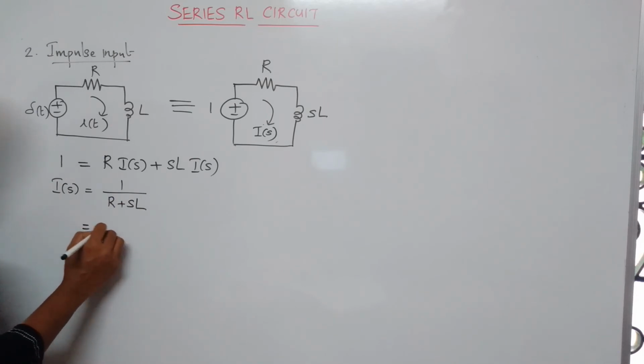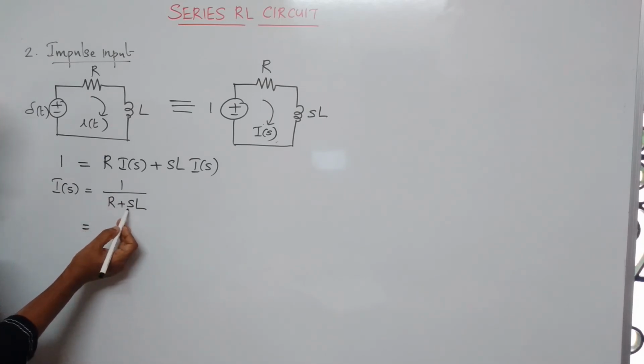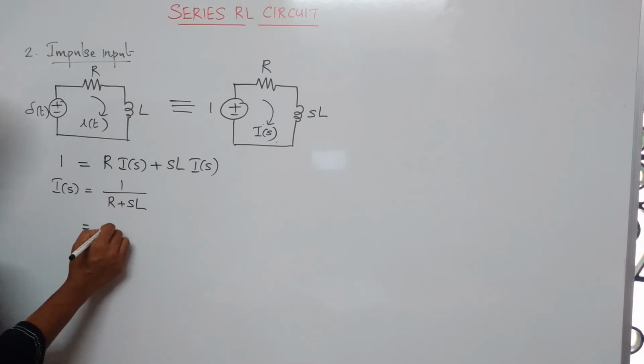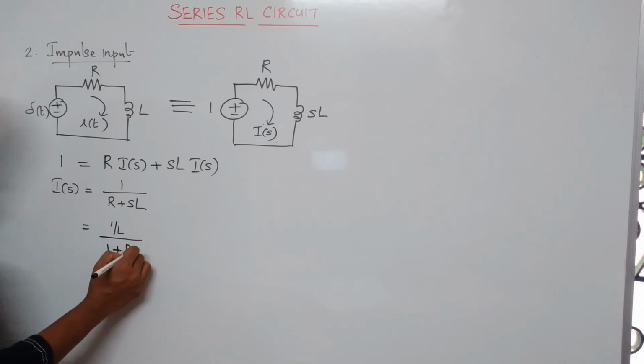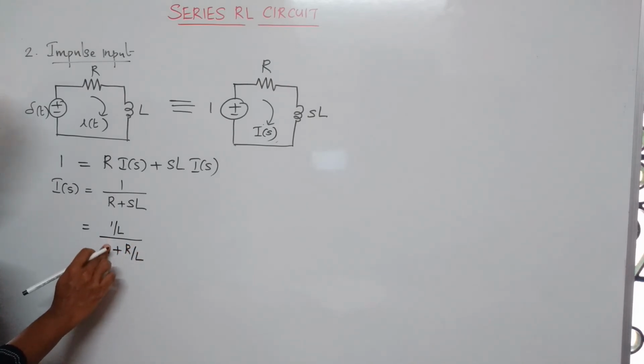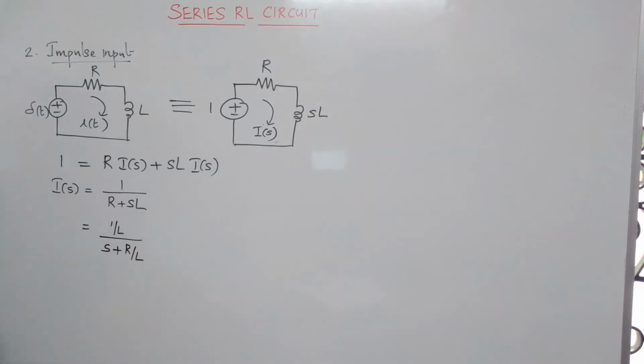Now, to make the coefficient of S 1, divide numerator and denominator by L. So it will be 1 by L into 1 by S plus R by L. This is I of S.